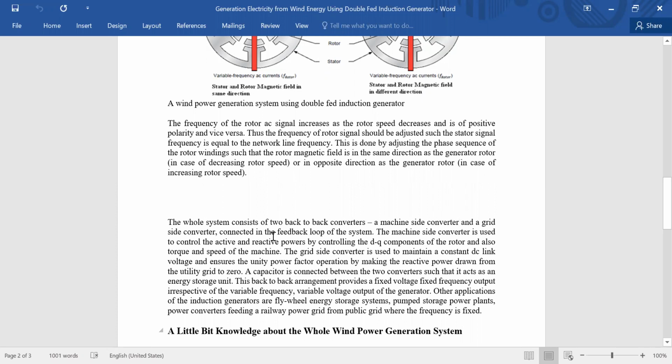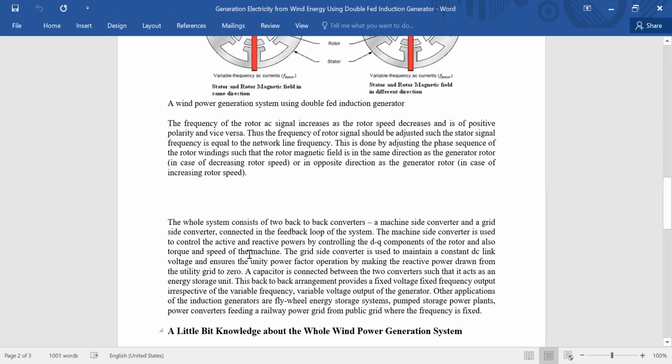These are connected to the feedback loop of the system. Two axes will be there, one is the direct axis and the other is the quadrature axis. The machine side converter is used to control the active and reactive powers by controlling the D and Q components of the rotor, that is the direct axis and quadrature axis components, and also the torque and the speed of the machine.